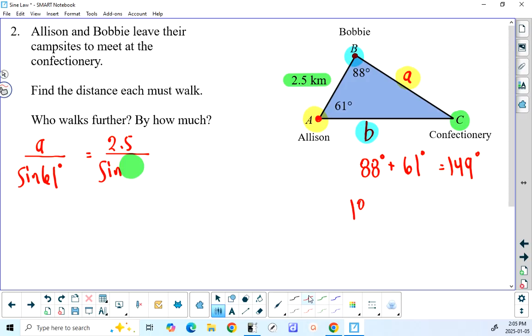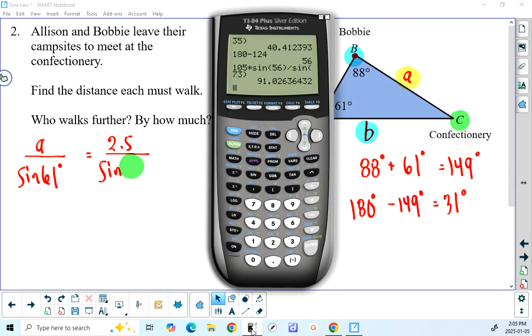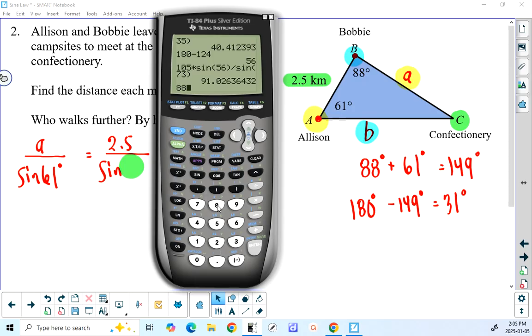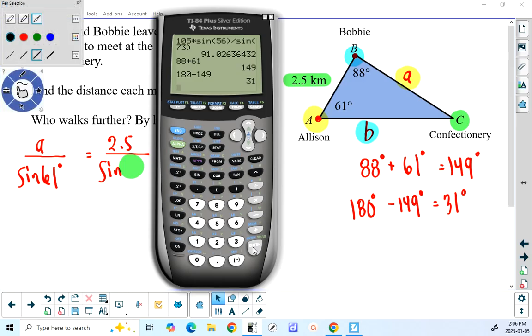That means that the remaining angle has to be 180 degrees minus that 149 degrees, which I believe gives me 31 degrees, but I'm going to double check all of this with my calculator. 88 plus 61 gives me 149, that's right. Now I have to take 180 minus that 149, which gives me 31 degrees. Okay, so this is 31 degrees in here.